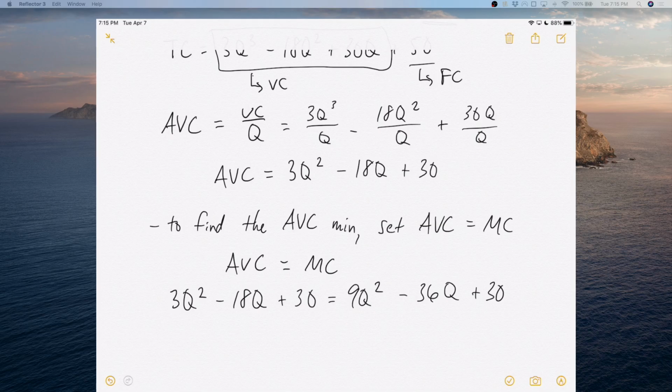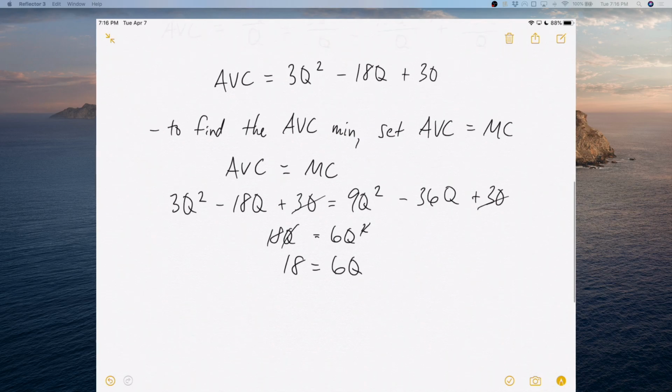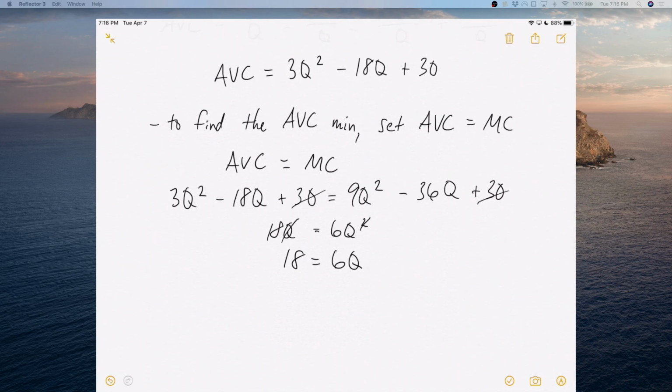From here, we're just going to solve for Q. So these 30s are going to cancel out, and we can bring the Q squared over and bring the Q over. So we get 18Q equals 6Q squared. Divide by Q, have 18 equals 6Q. And so Q equals 3 at the average variable cost min.